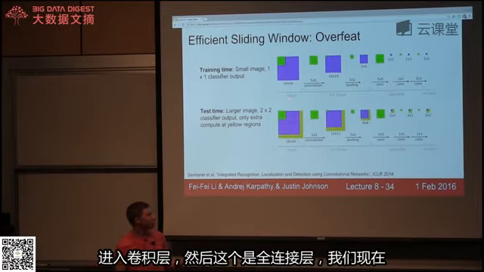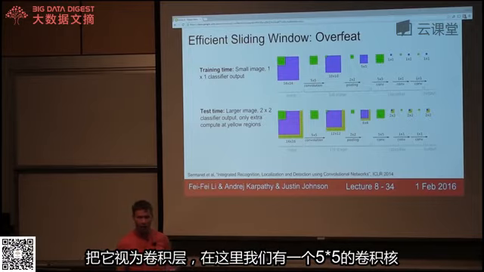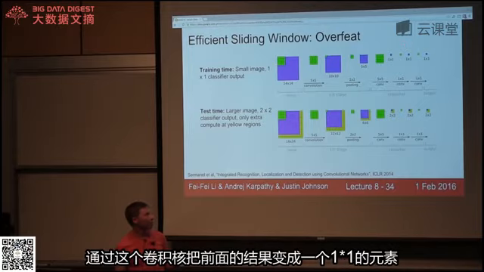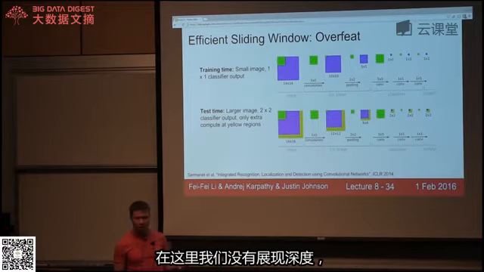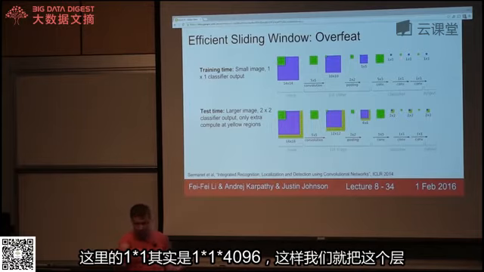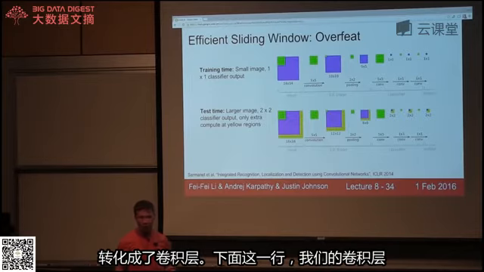You run some convolutions, and then here are our fully connected layers that we're now reimagining as convolutional layers. So then we had this 5-by-5 conv block that gets turned into these 1-by-1 spatially sized elements. We're not showing the depth dimension here, but this 1-by-1 would be 1-by-1 by 4096, right? So we're just converting these layers into convolutional layers.